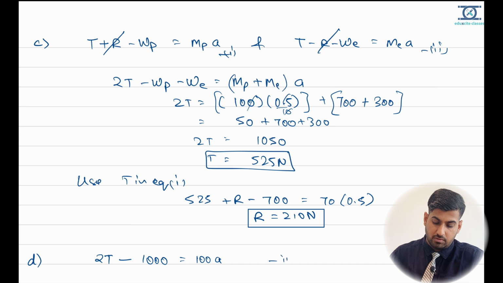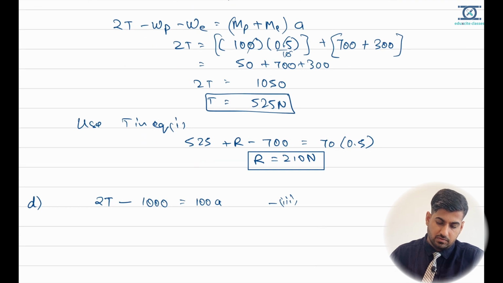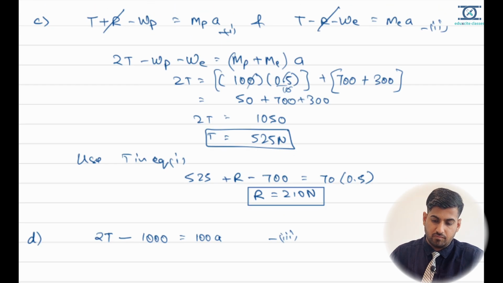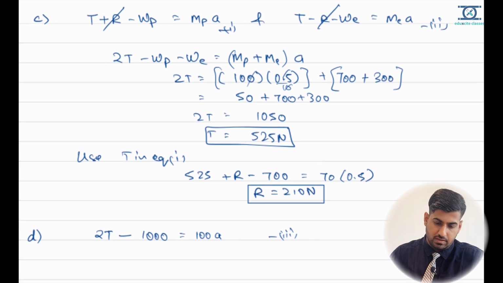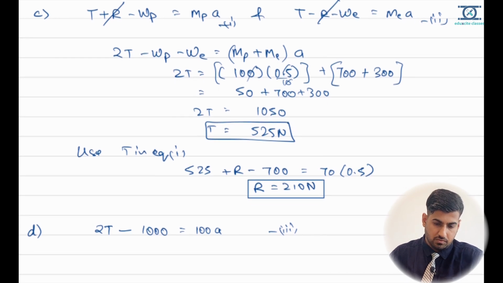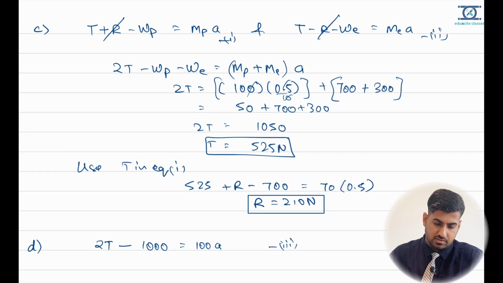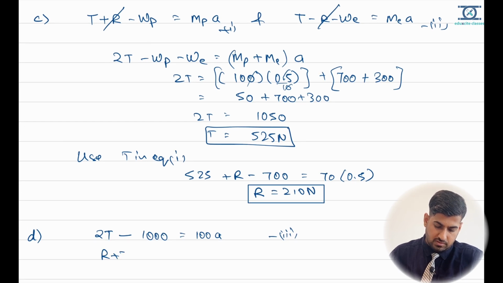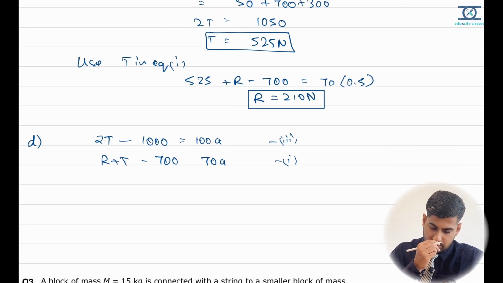So this will be my equation 3, let us say, and using the equation for the mass of the person, I can use r plus t minus 700 is equal to 70a using equation 1. So if I use this equation, I can find out the acceleration. This is given to us as 200, right?